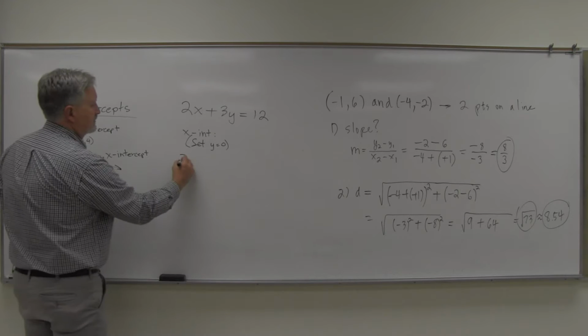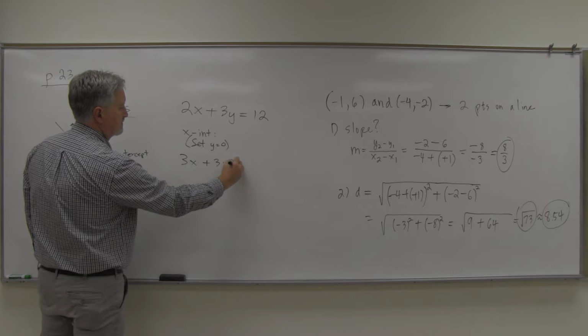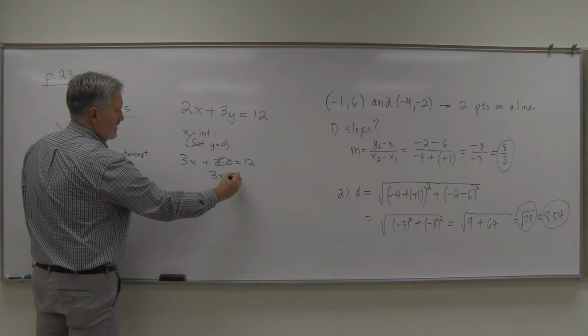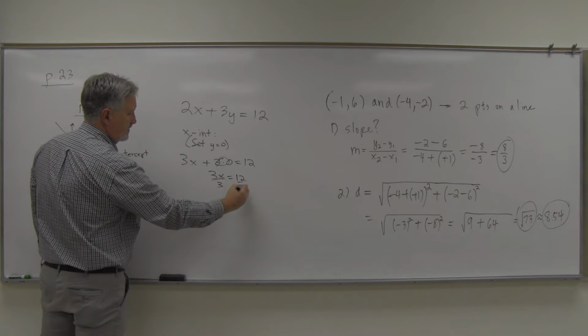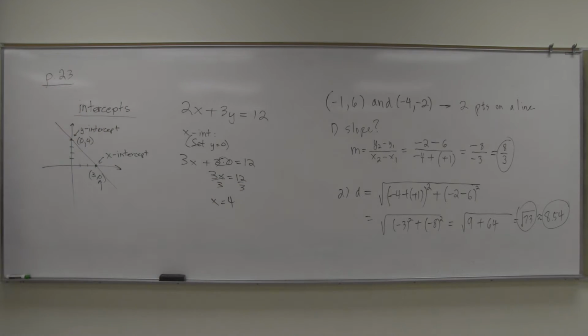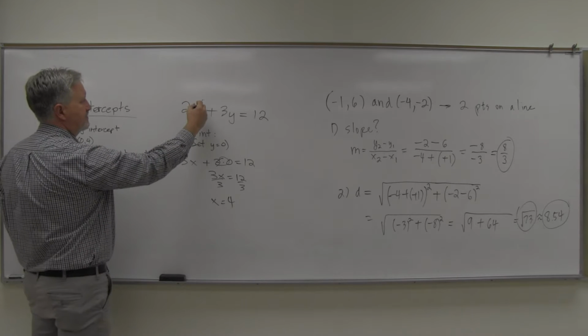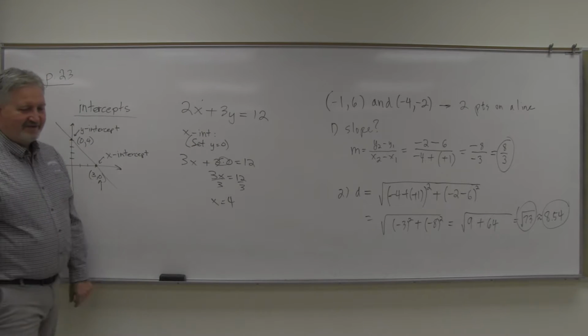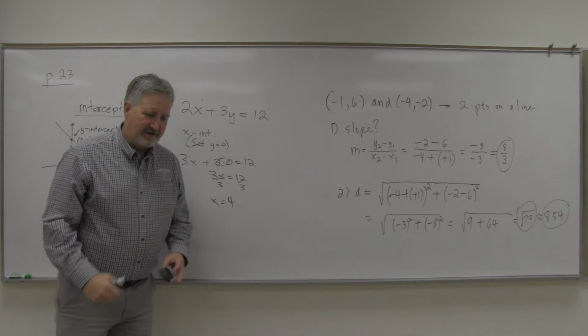Of course, that would give us just a little something to solve there. I don't know, you may have done this in another course, but anyway, the y-intercept vice versa, you set x to be 0 and solve that. I want to mention that before I move to the bottom of the page on 23 there.